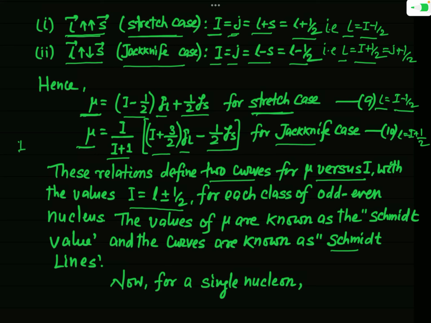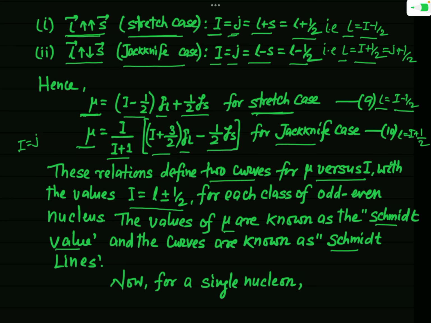When you write I, I means in fact j. You can write j equivalently for each class of odd even nucleus. The values of mu are known as Schmidt values, and the curves are known as Schmidt lines. Okay?